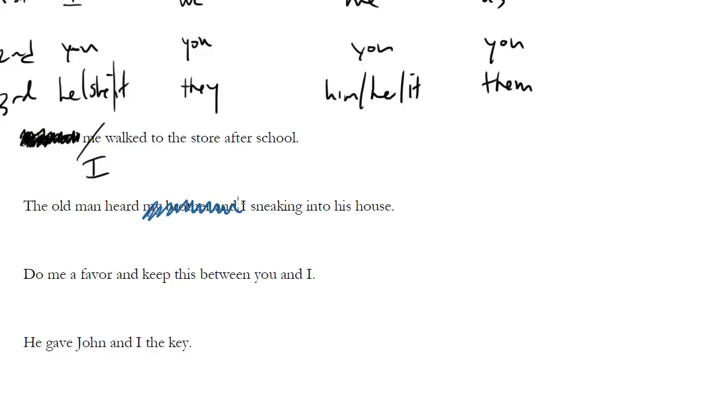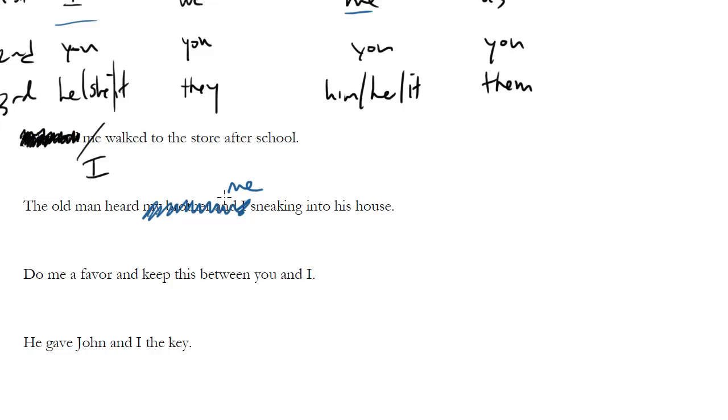The old man heard I sneaking into his house. Wait a minute. No, it should be heard me sneaking into his house. It should be the object. Because the old man heard me, I'm the object here. I'm receiving this action. I'm the person who's being heard. So it should be the me form and not the I form. But again, we can also just hear that from the way the sentence sounds after we cross it all out. The old man heard me sneaking into his house.